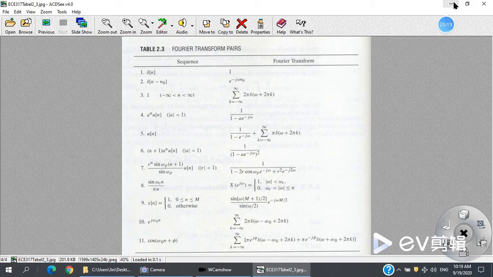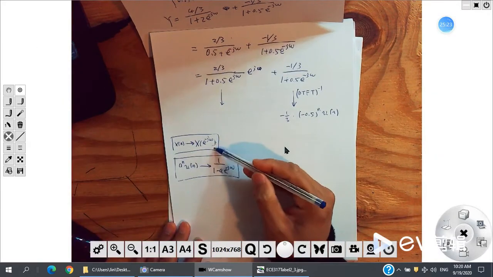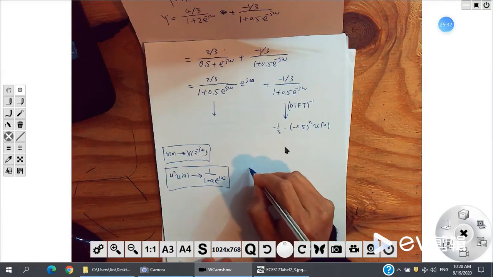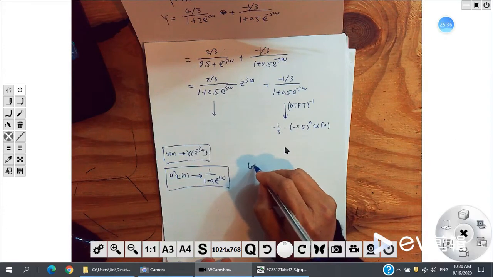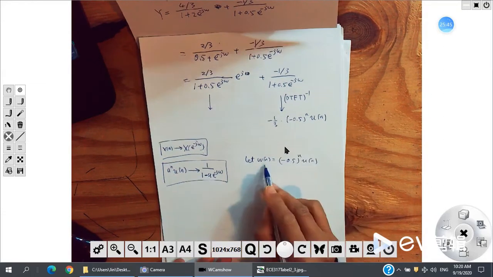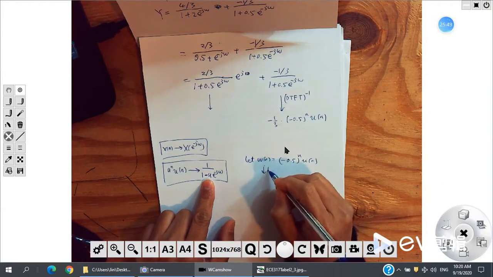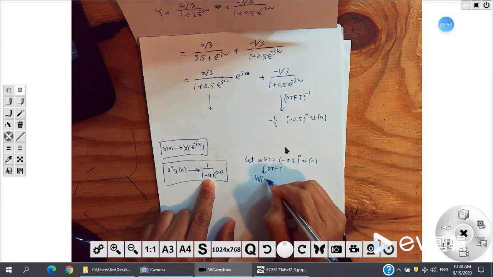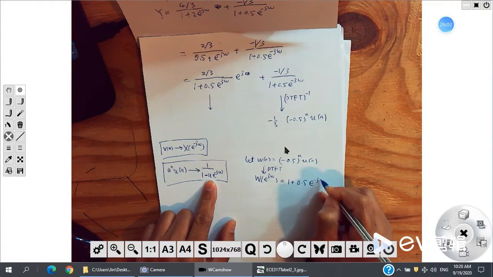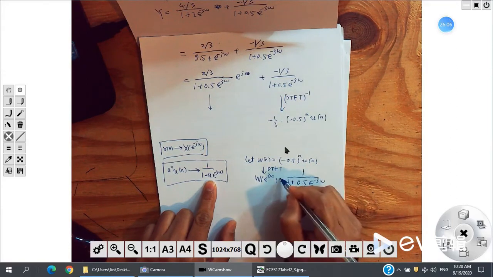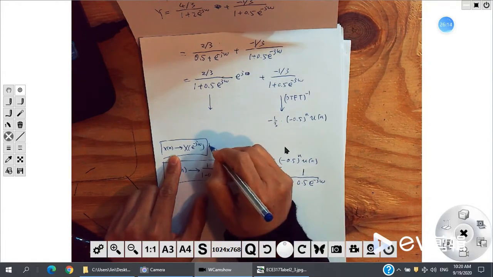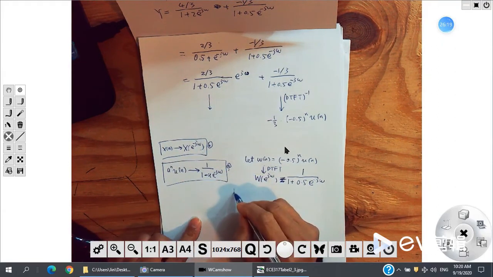Okay, now let's go back to the notes. I have these two from the table, and then something like this. Let w[n] equal negative 0.5 to the n u[n]. By DTFT, capital W of e to the j omega equals 1 over 1 plus 0.5 e to the negative j omega, with numerator 1, right? Call this A and this B; both come from the table.